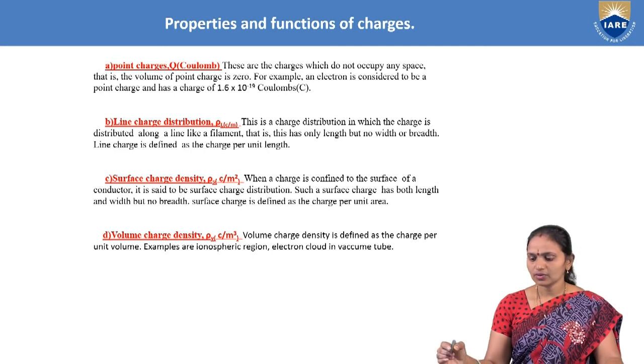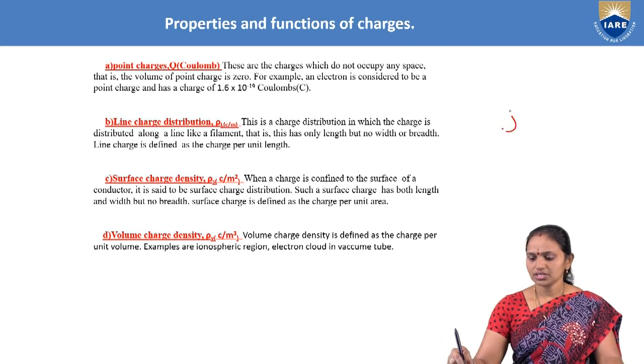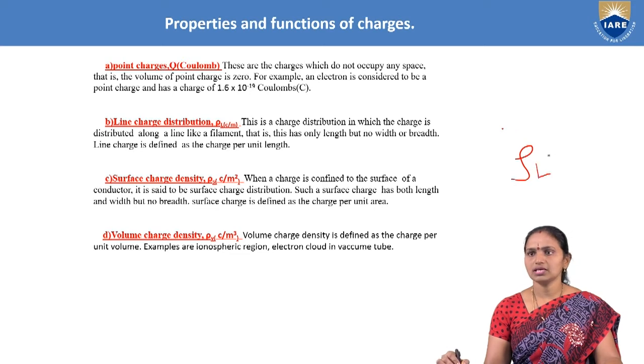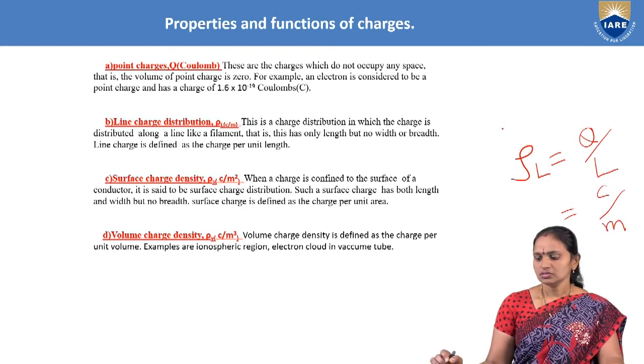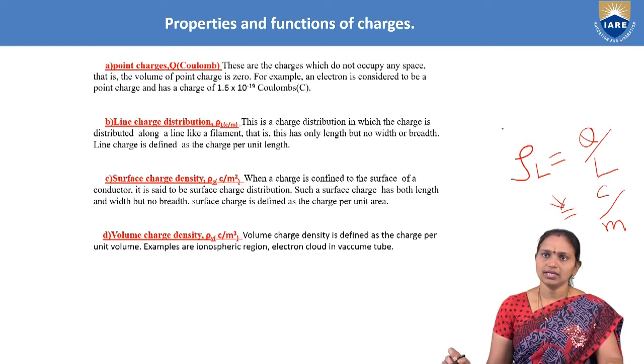Rho L, the charge density, we can represent with rho suffix L, and this is equal to charge per unit length. So as the units of charge are coulombs and units of length is meter, units of line charge density is coulomb per meter.